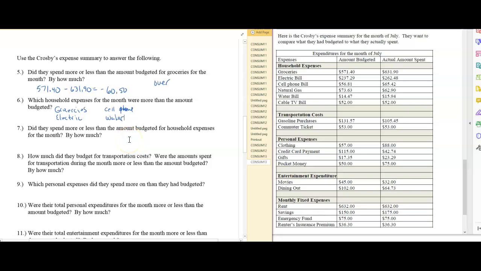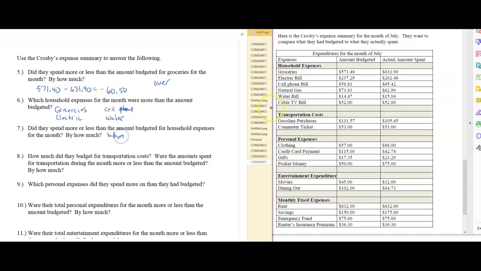Okay. Number 7, did they spend more or less than the amount budgeted for household expenses for the month? So when we take our household expenses, the first thing we're going to do is add up how much did we budget, right?